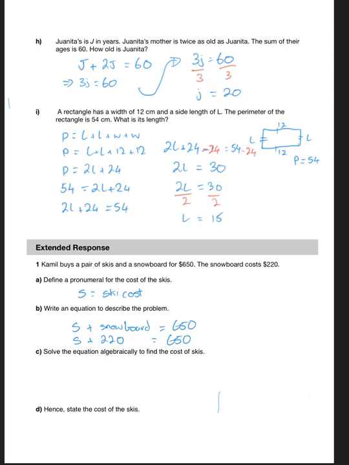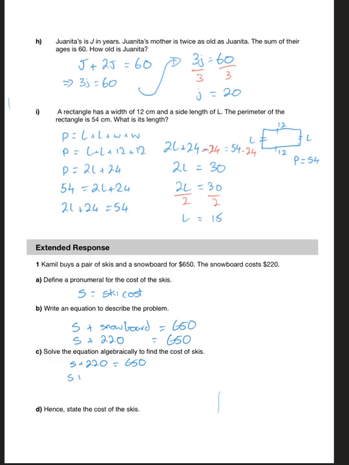We're now going to solve the equation algebraically to find the cost of the skis. So basically to find what S is. So S plus 220 equals 650. So we need to undo the plus 220.